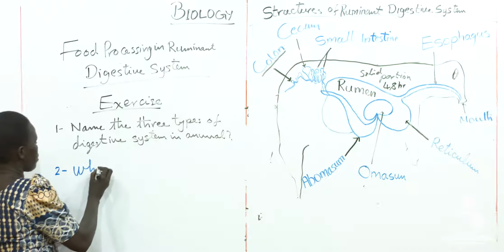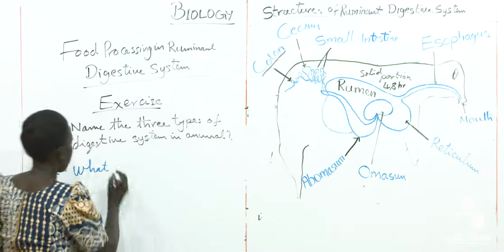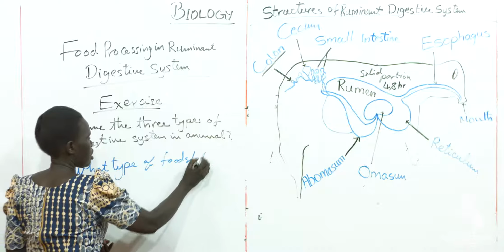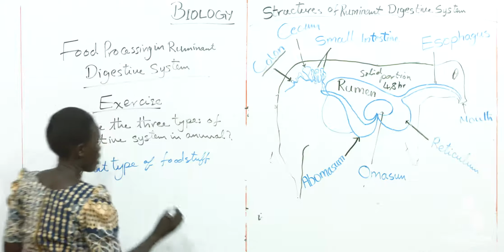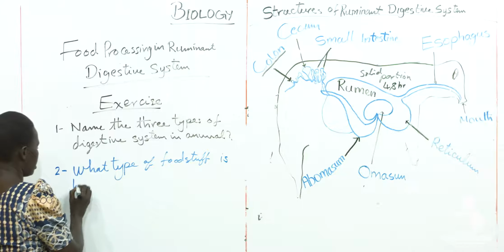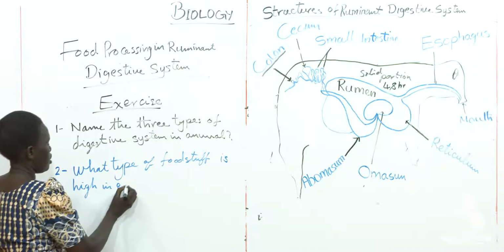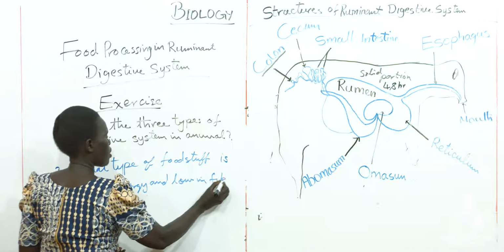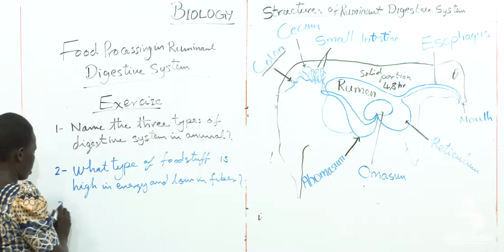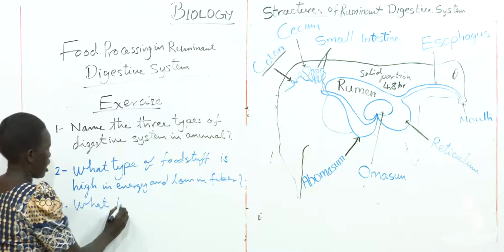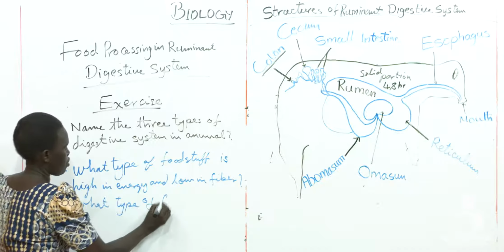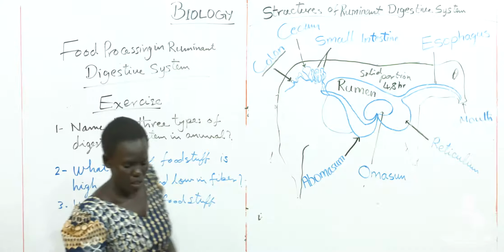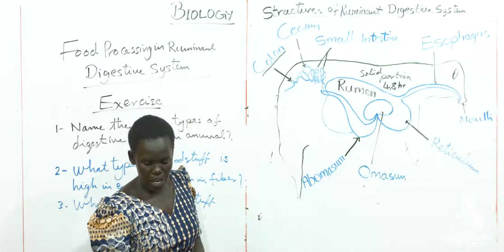Number 3, what type of foodstuff is low in energy and high in fiber?